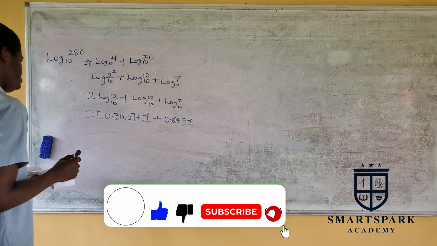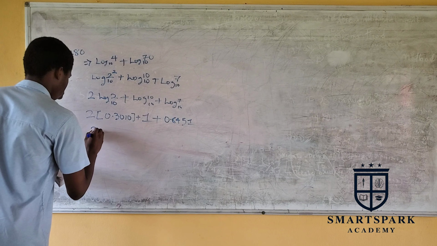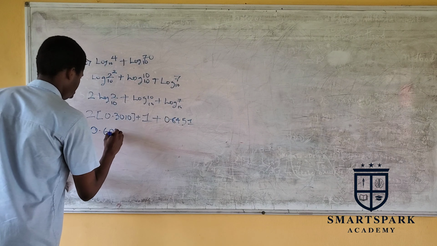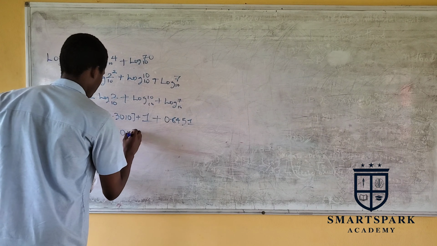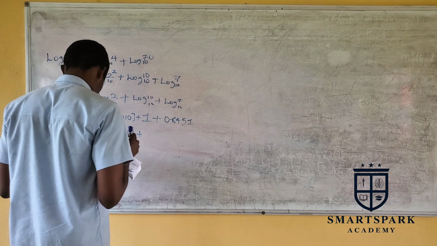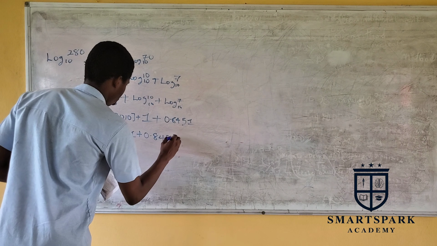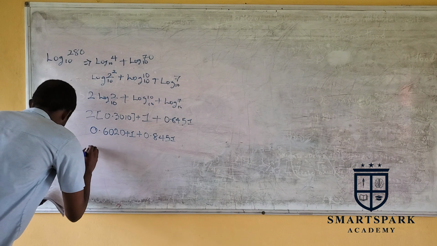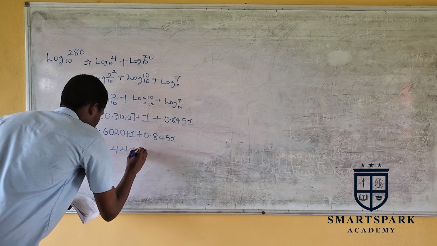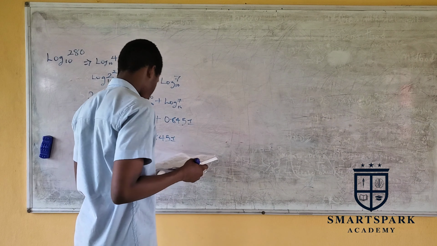Now we do our calculation. 2 multiplied by 0.3010 is 0.6020, plus 1, plus 0.8451. This summation gives us 3.4471. That is it for question 6.